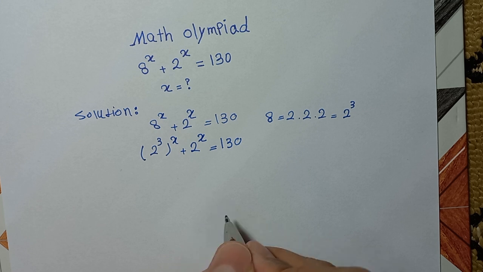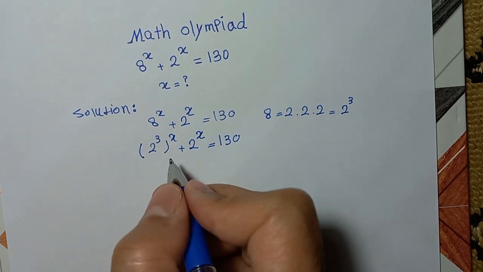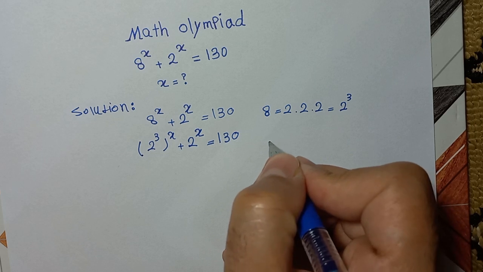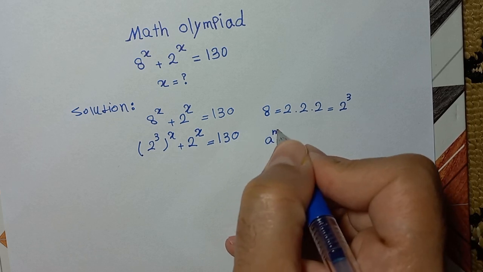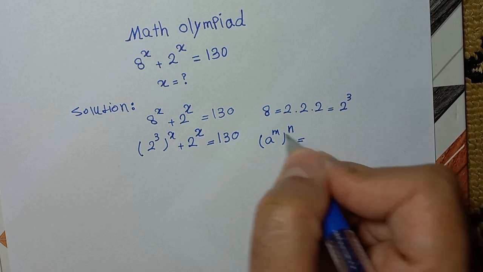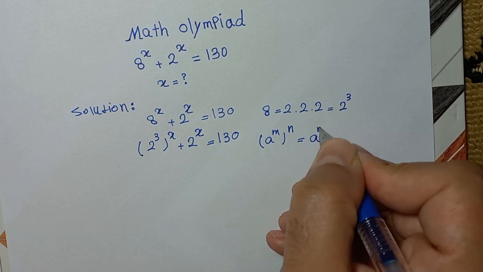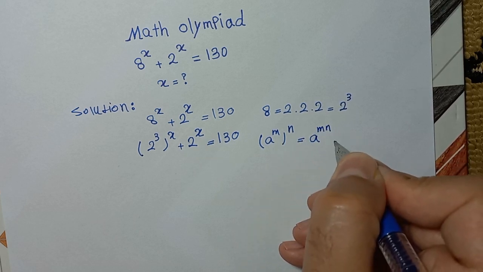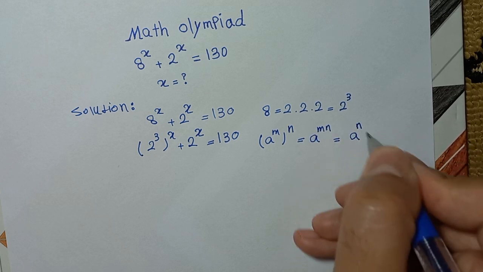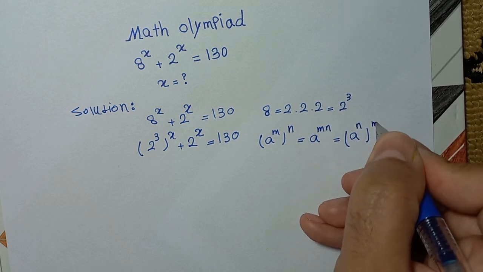And in next step, from exponential formula, as you know, if we have a to power of m whole to power of n, this is equals to a to power of mn, and also we can write this as a to power of n whole to power of m.